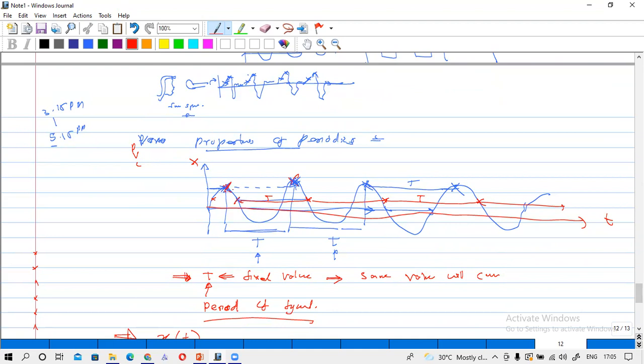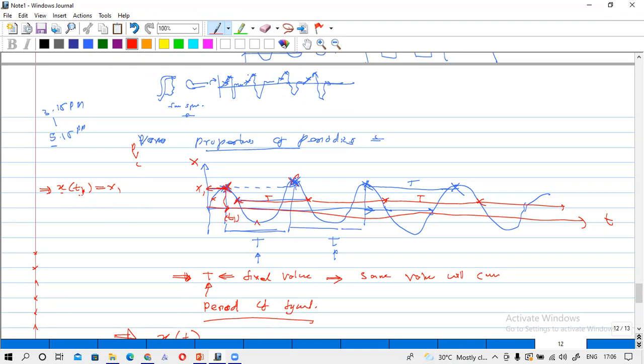For example, if t1 is here and the corresponding value is x1, we can say that x(t1) is equal to x1. So x(t1) means x at t1. This t1 is a fixed value.